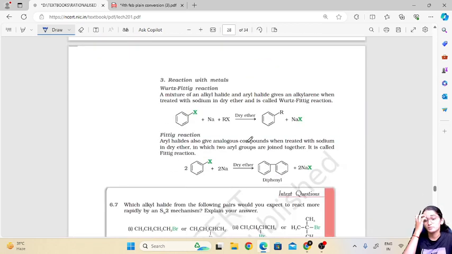Next is reaction with metals. When a halobenzene is treated with metal along with alkyl halide and dry ether, this is called the Wurtz-Fittig reaction.